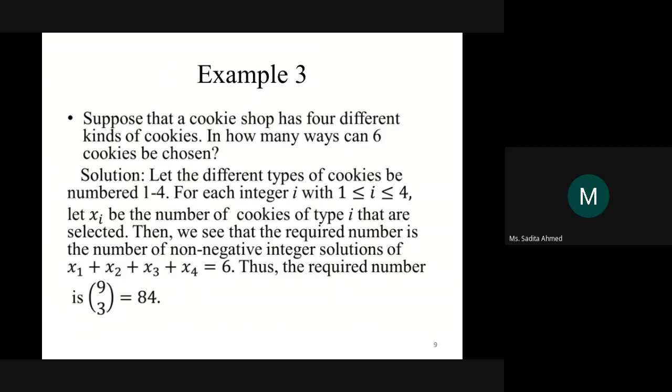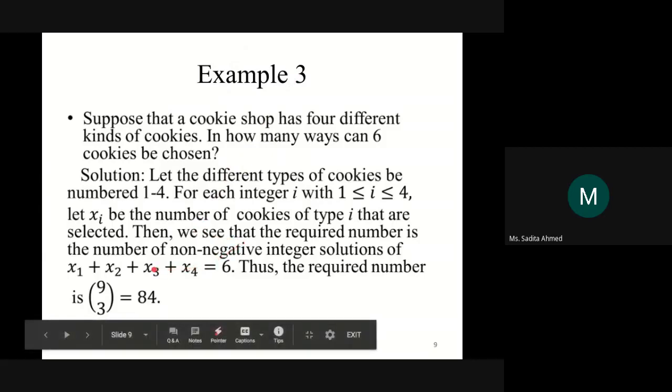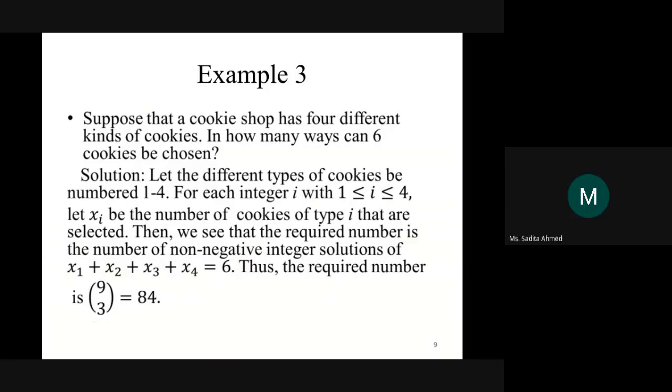Any questions so far? No, miss. Okay. If that makes sense, we know how to count the non-negative integer solutions of this equation. We'll just do that. What is the value of n for this equation, guys? 4. What is the value of r? 6, correct.